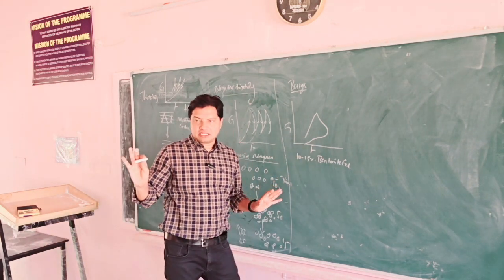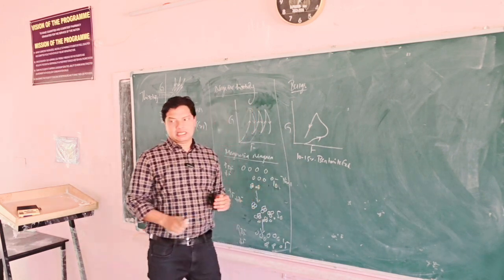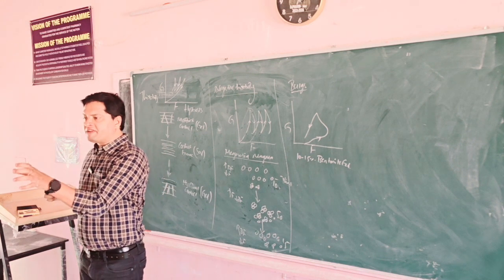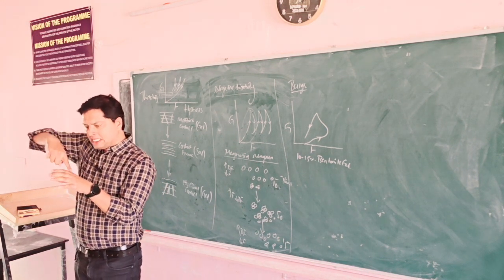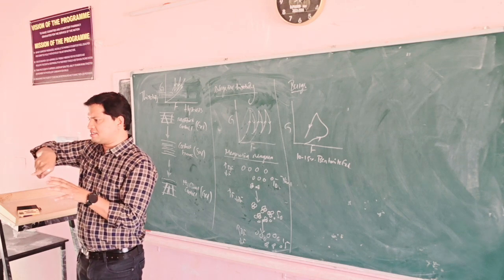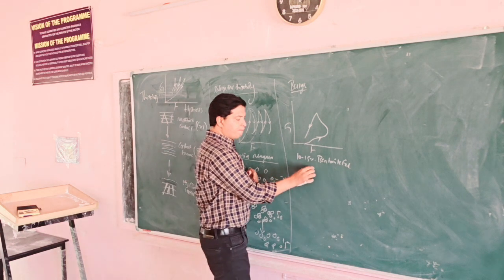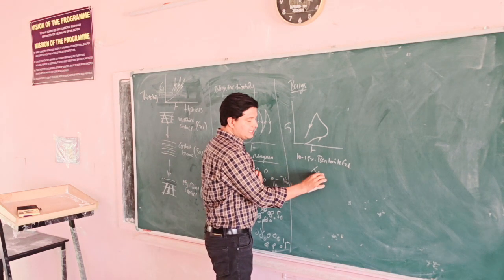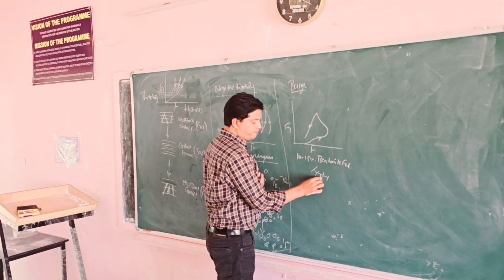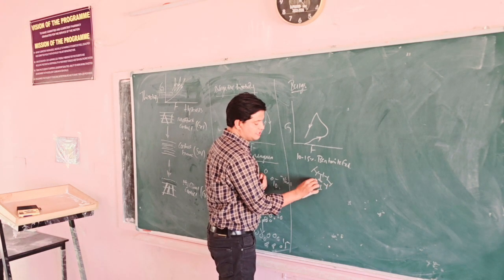Listen, don't write, please listen to this. This is the up curve, this is the down curve. If you take 10 to 15% bentonite and start rotating it, you will feel so much resistance due to this bulge. Bentonite is a clay, in the form of crystals like this.